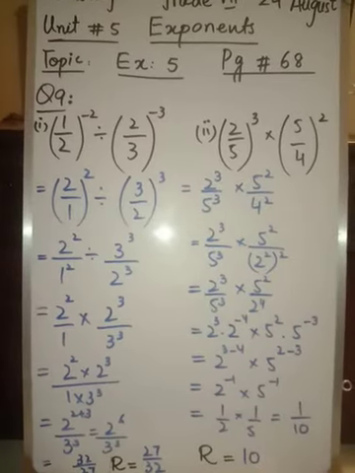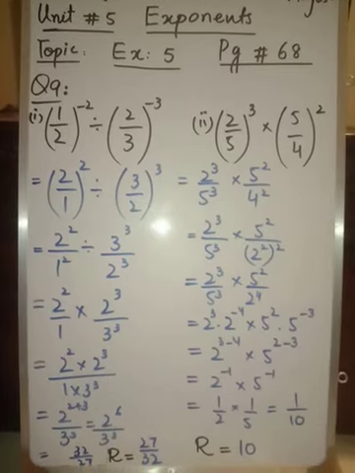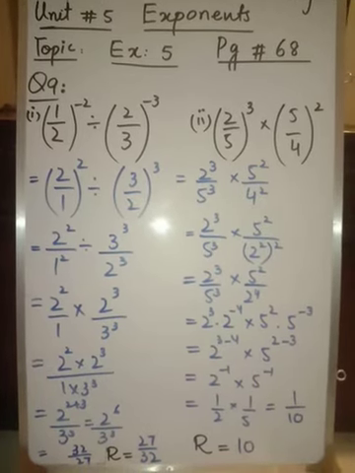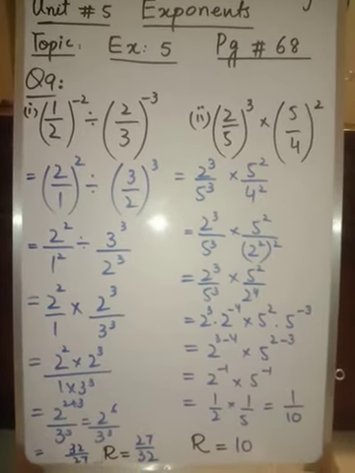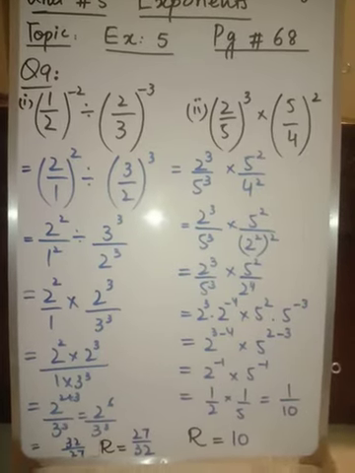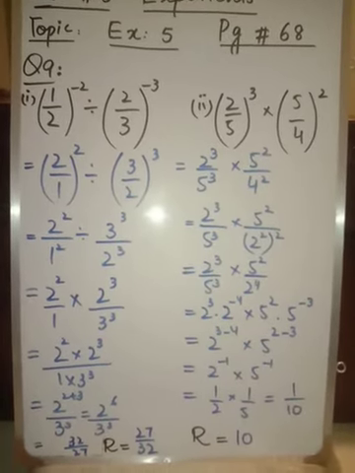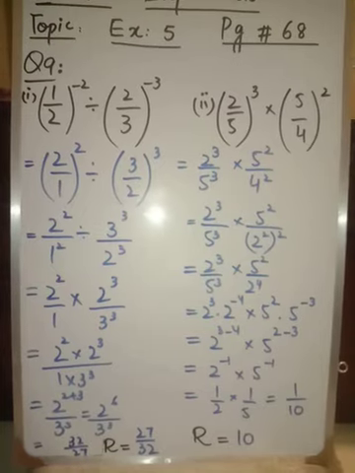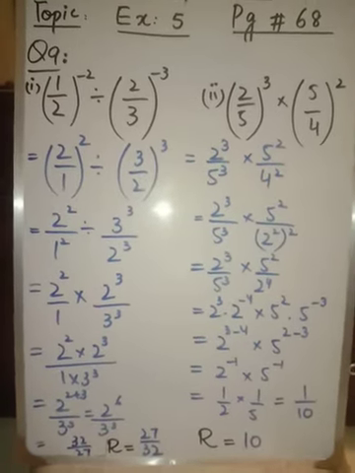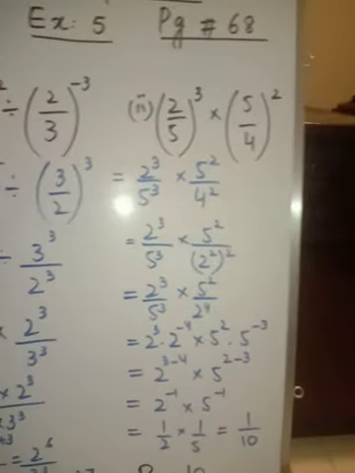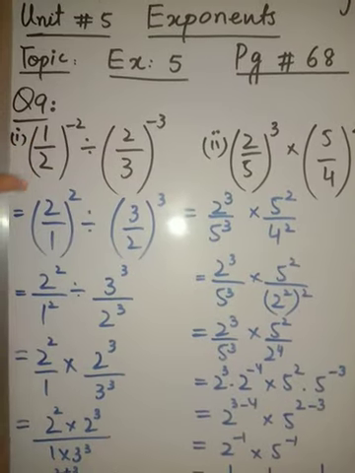Students, now in question number 9, we have to find the reciprocal of the above statements. Understand? You have to just solve the statements, and by finding the result, you have to invert the result. Means in part 1, we have 1 by 2 raised to power minus 2.